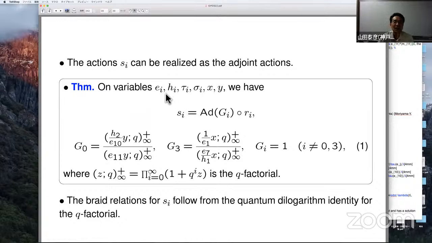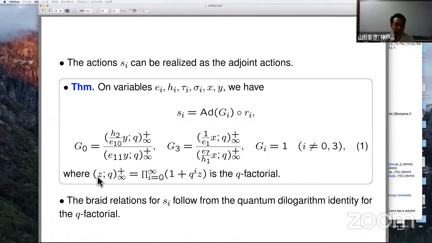Namely, on the full variables E, H, tau, sigma, and X and Y, the previous Weyl group action can be given by the adjoint action and the reduced action, the multiplicative linear action and the adjoint action. And the adjoint action is a conjugation with the G functions, which is given in this way.